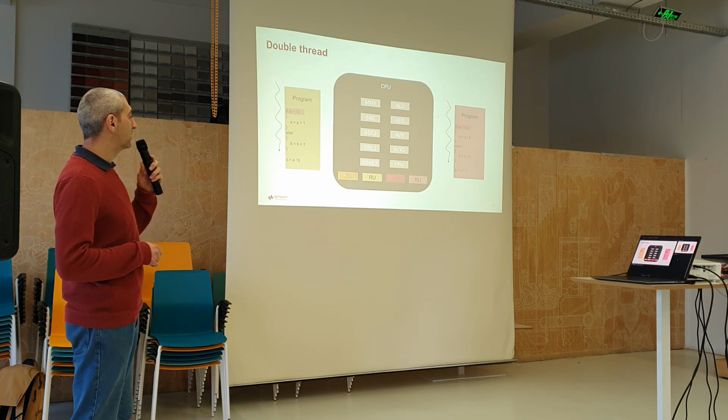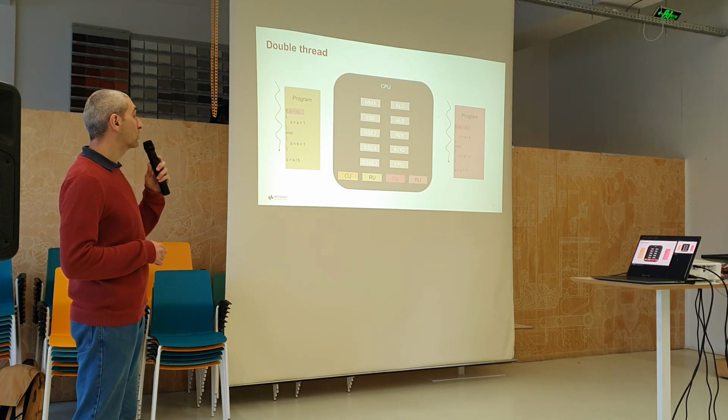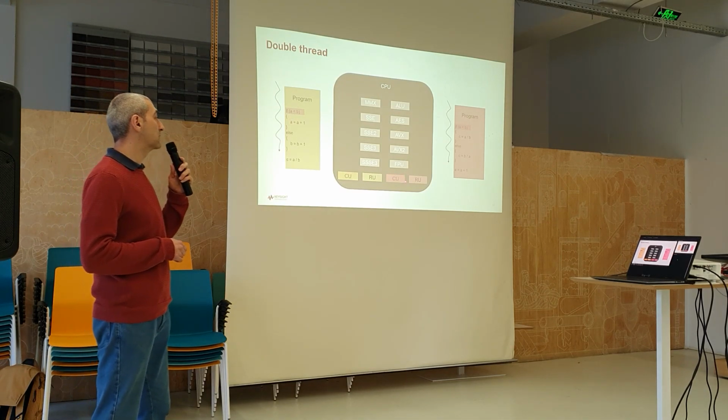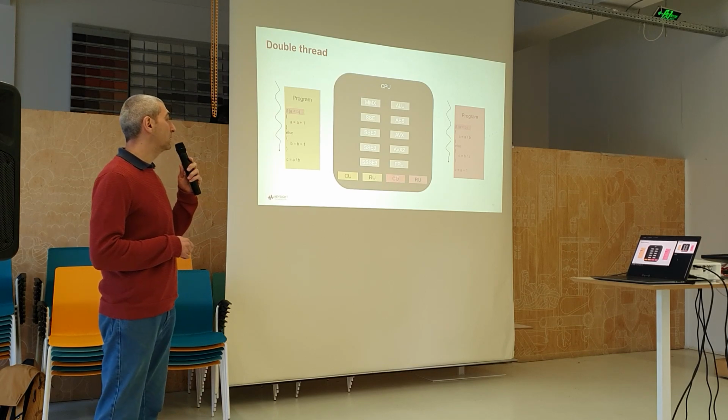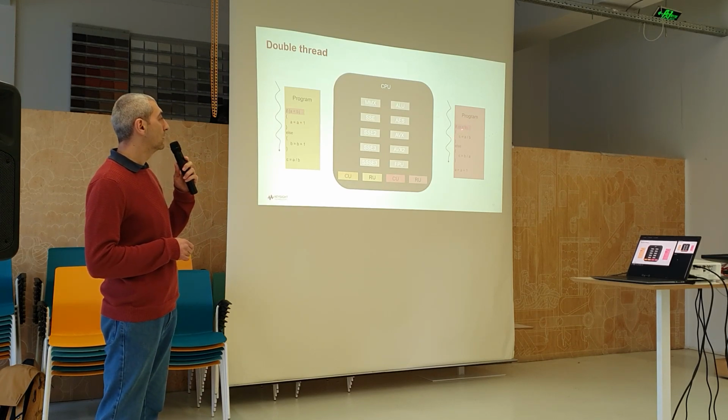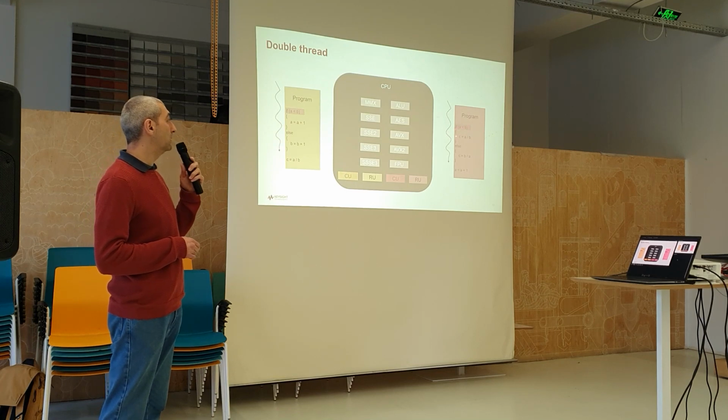We have these blinking lights over here. It says that the first control unit in the CPU is being used by program A, and then the second control unit in the CPU can be used by program B. So basically we execute this in parallel.